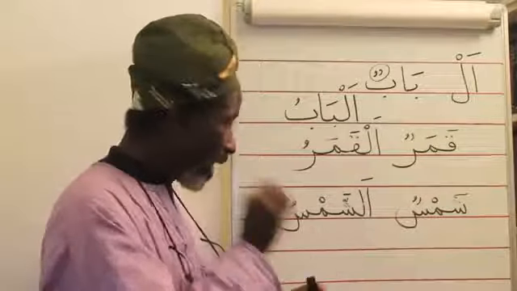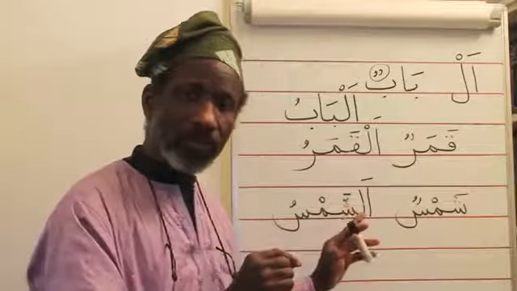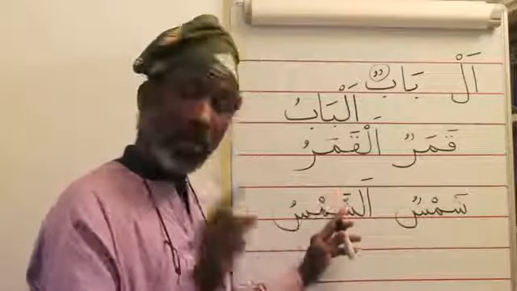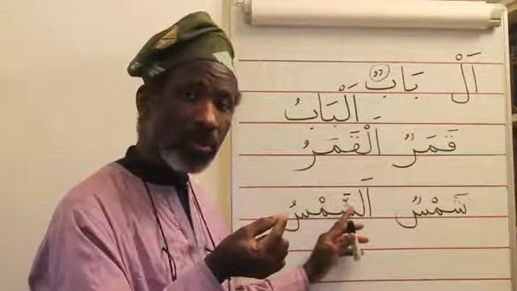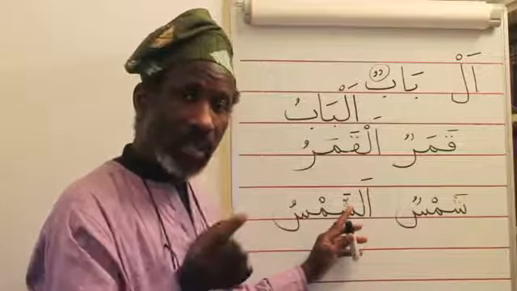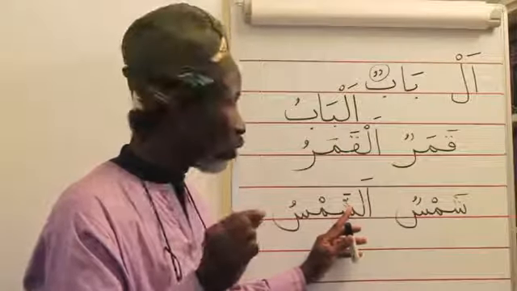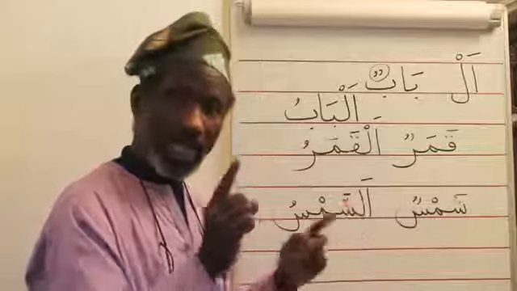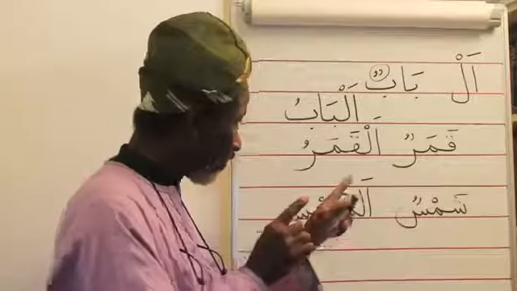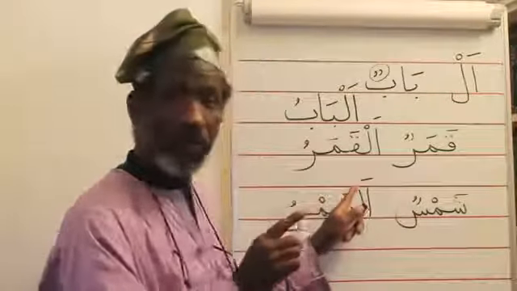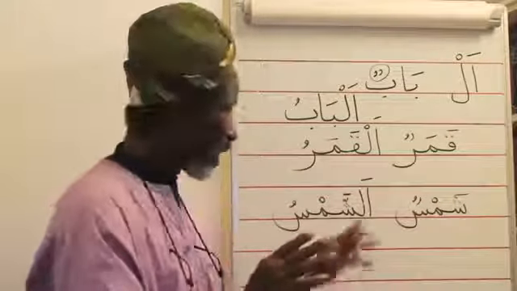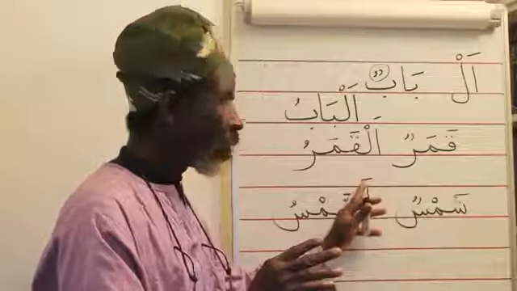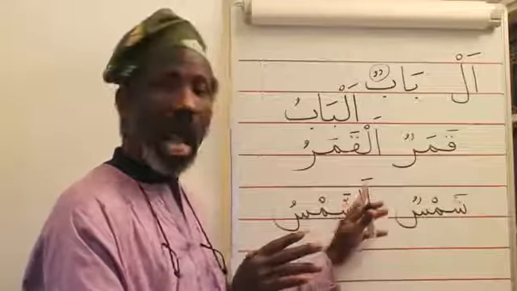Once shadda has been placed on that sun letter, you remember the shadda means there is an embedded sukoon. And in Arabic, you are not allowed to have two sukoons next to each other. Therefore, the first sukoon, the obvious one, was removed. It's not pronounced. We say ash. So you are linking the a with sh.